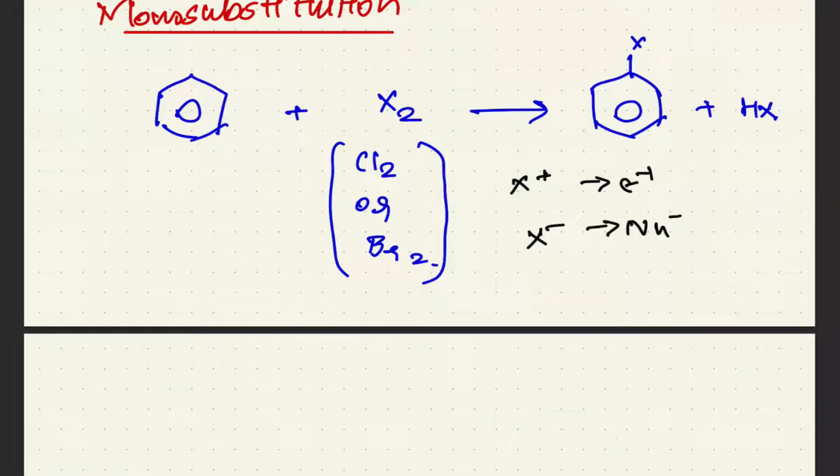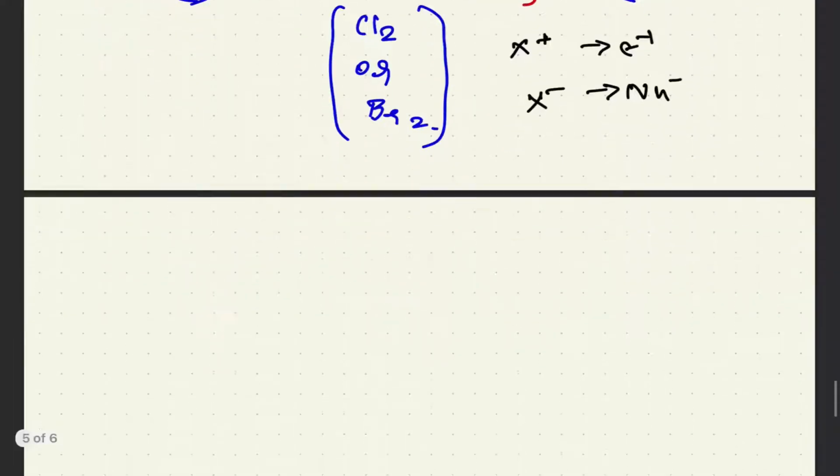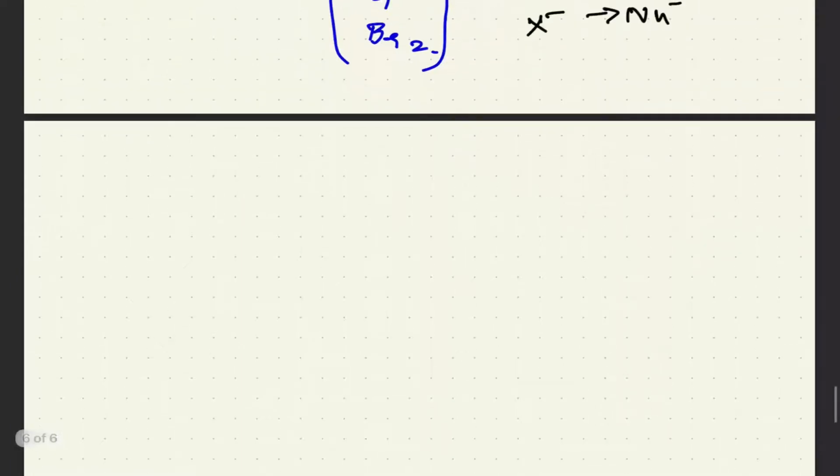Used along with X2 is FeCl3. This supports the EAS. How does it even happen, I'll show you that.